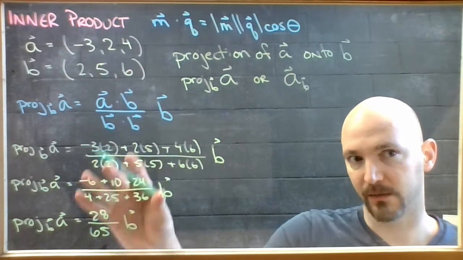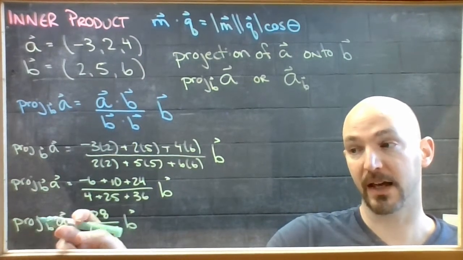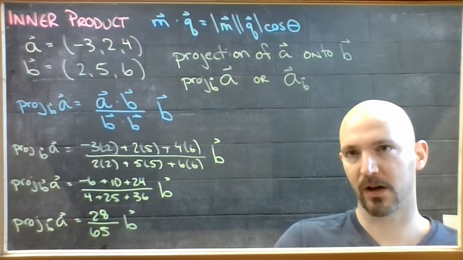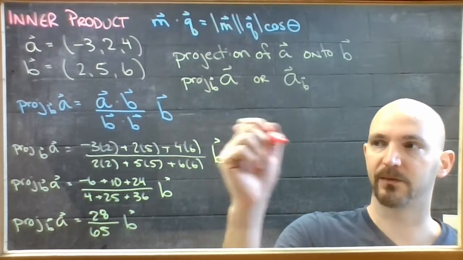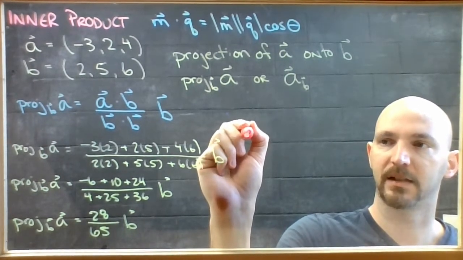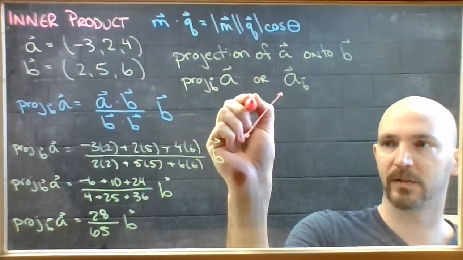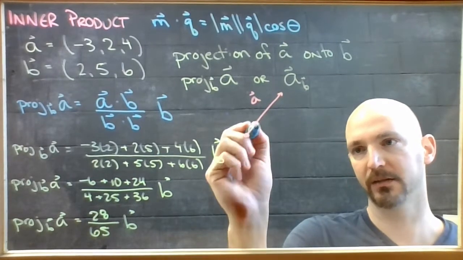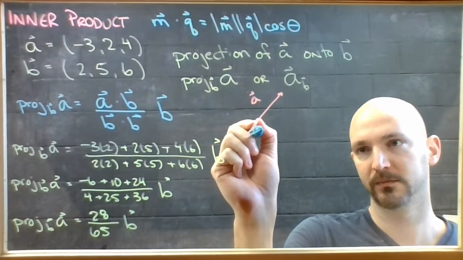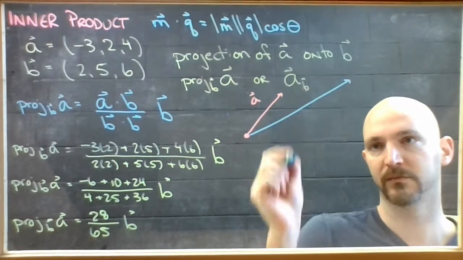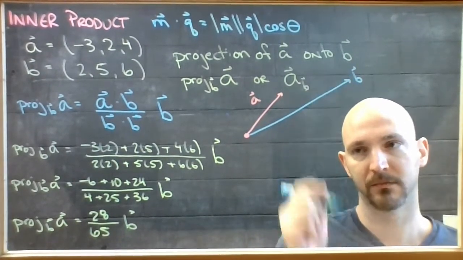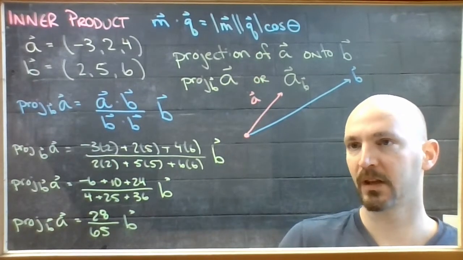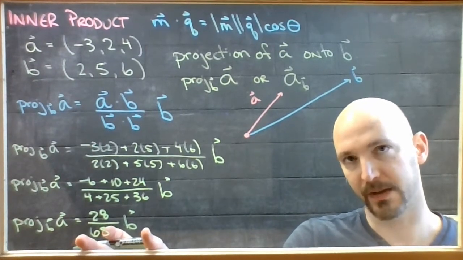So after this little formula, I've asked you to do the projection of A onto B, and I got some fraction of vector B. So I'm going to draw for you the diagram that we had in the first place. I had A going here, and I have B going here. Something like that. And these two vectors meet at some angle. And now I've got this little thing here.